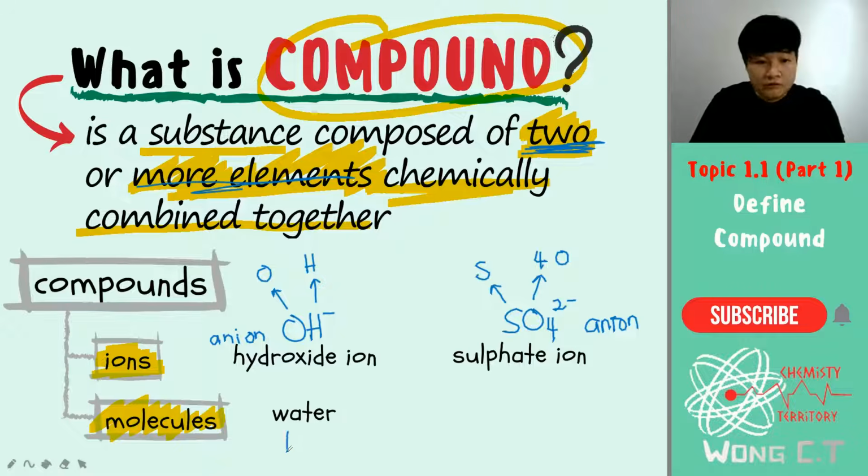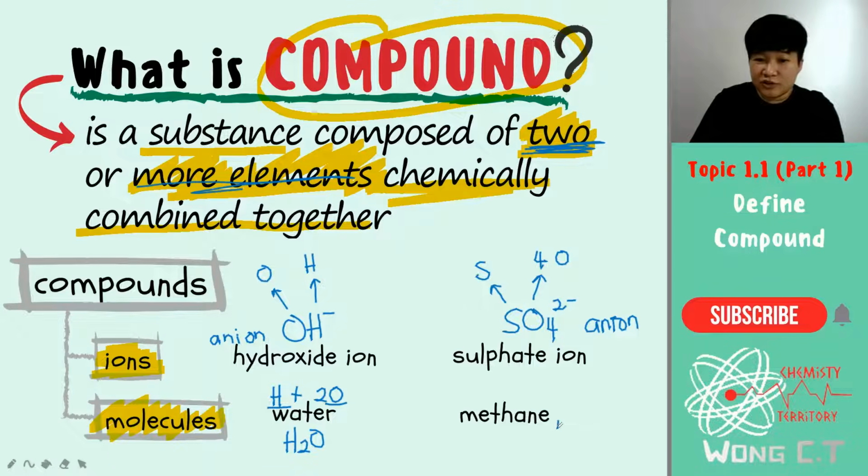Well, for molecule, simple, I have water which is H2O. So in the H2O, it's quite obvious that you combine two different elements which is hydrogen combined with oxygen. So you form your water over here, and that is your two different elements.